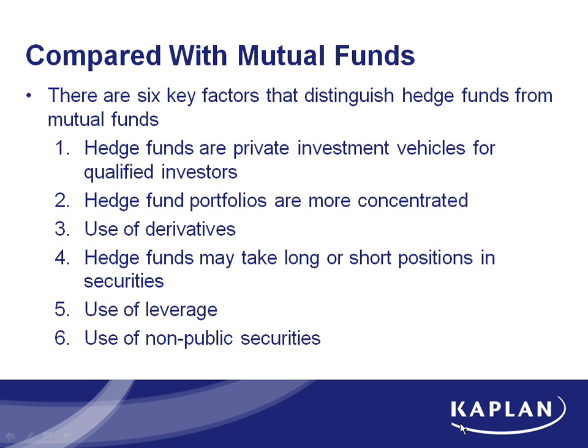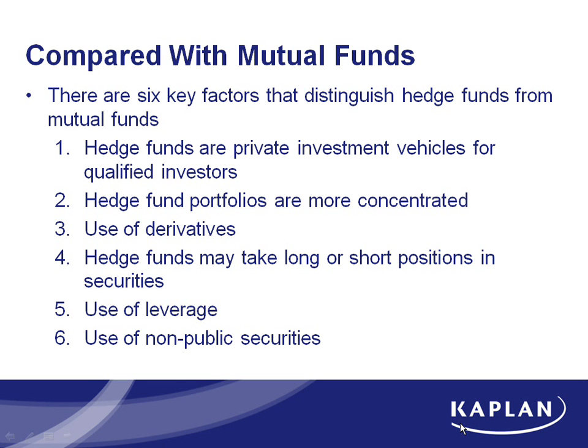For example, writing out-of-the-money options, right, to consistently generate some premium profit. So the regulations for the use of derivatives in hedge fund are not that clear. That's why people think hedge funds are more risky because of the lack of regulations.